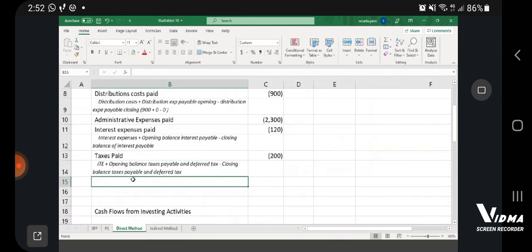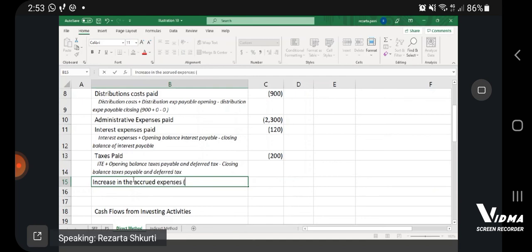And right here we can write increase in the accrued expenses. And in the brackets, I will calculate how we take into account the difference.